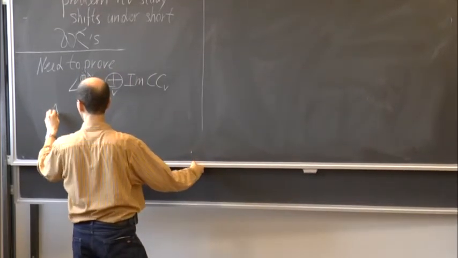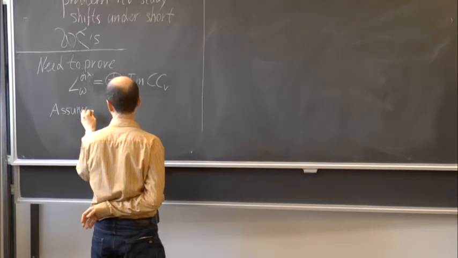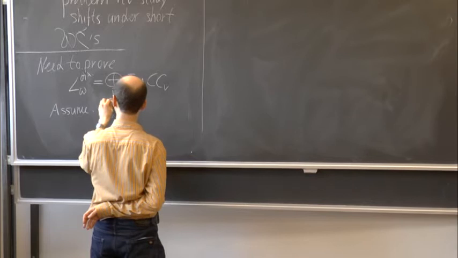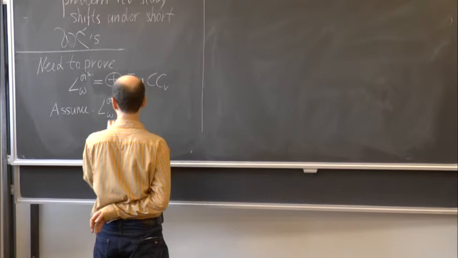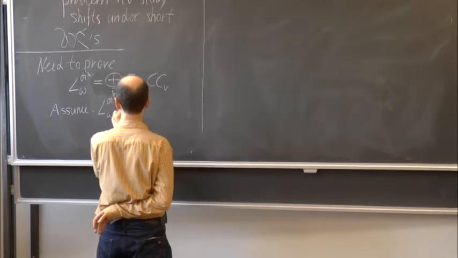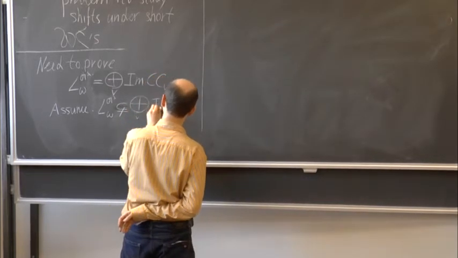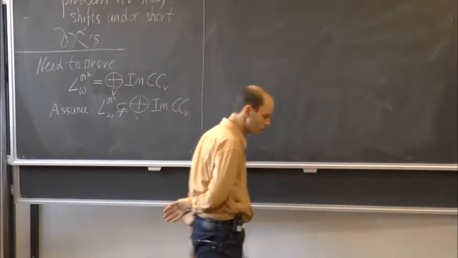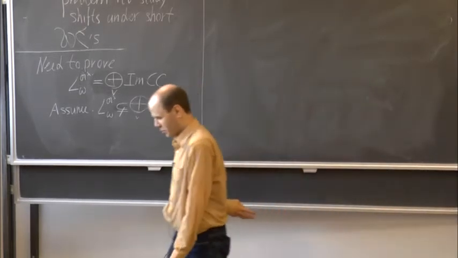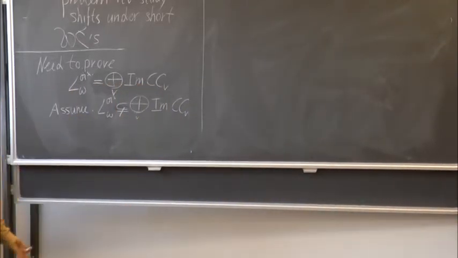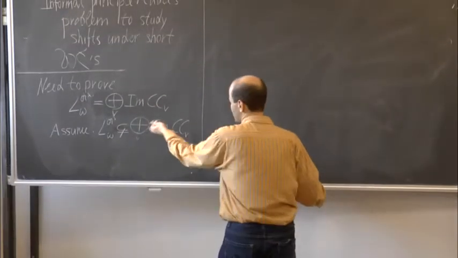Now, assume that this is not so. So we finished with the lower bound, and now we are doing the upper bound, so assume that this inclusion is strict. And so, if we were dealing with a problem which could be solved just using representation theory, how would we show that this is nonsense?